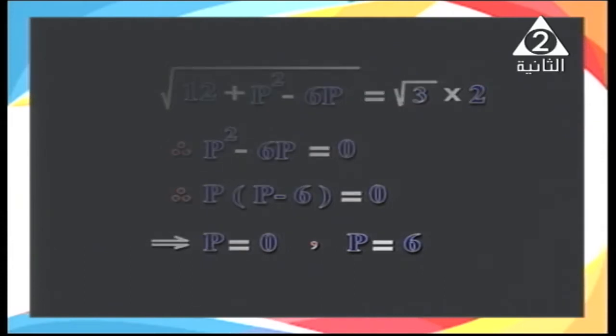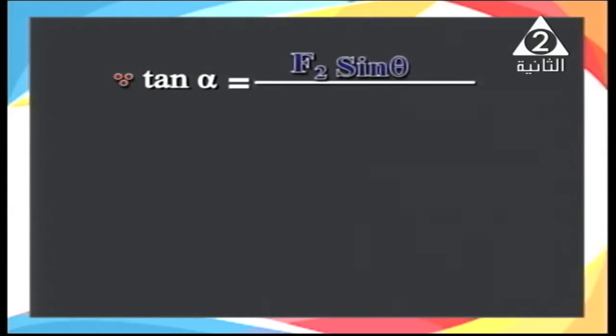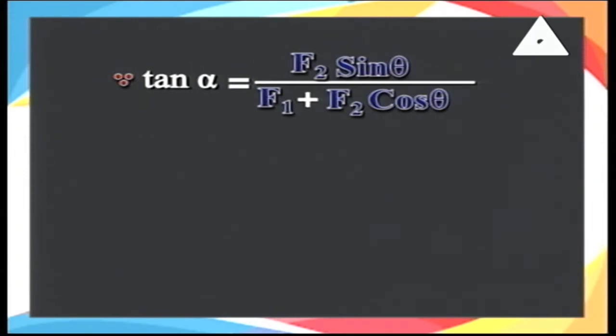Therefore, tan alpha equals F2 sine theta over F1 plus F2 cosine theta.